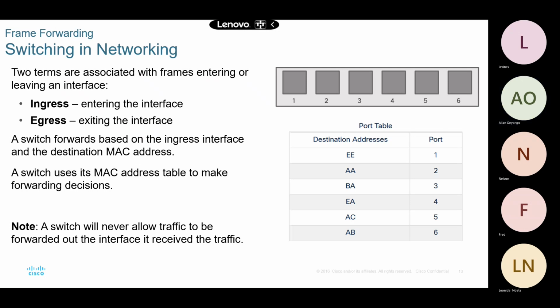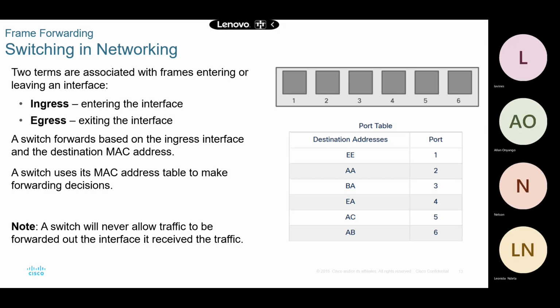Normally the switch records the source MAC address and the source port numbers. And when a frame leaves a port, it can never come back to the same port. I think we did talk about that at some point, and that is also important to note.